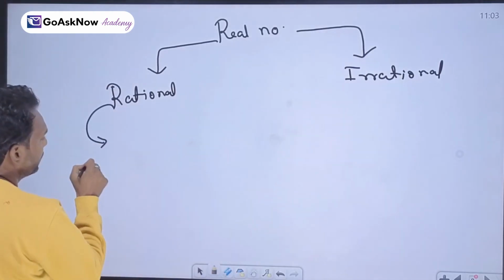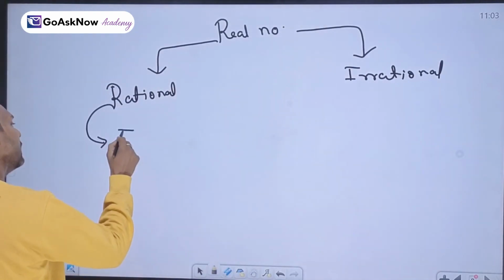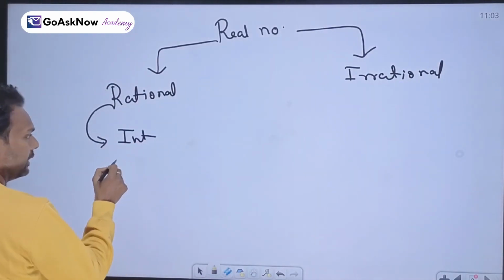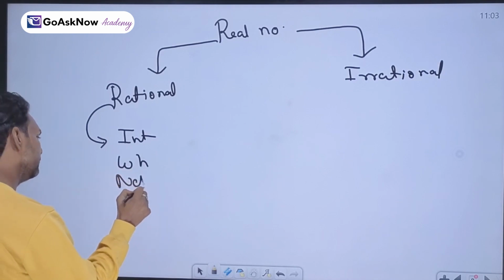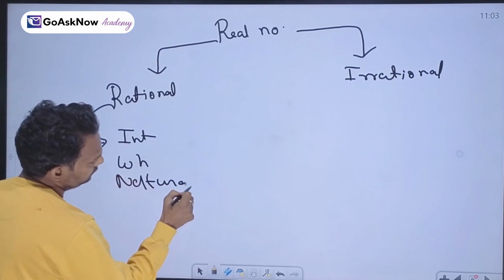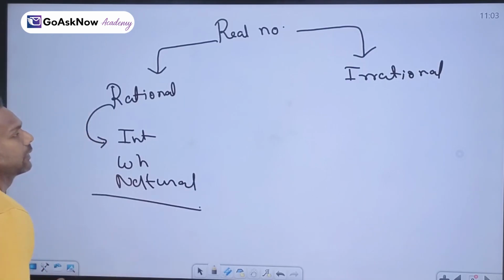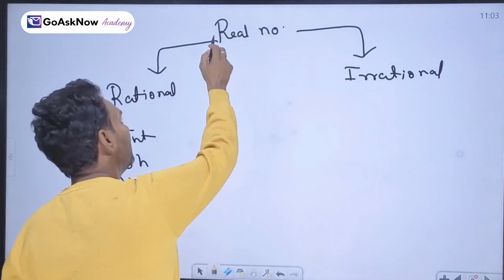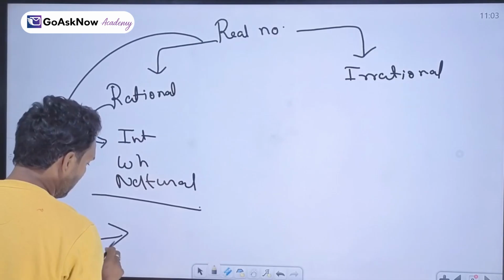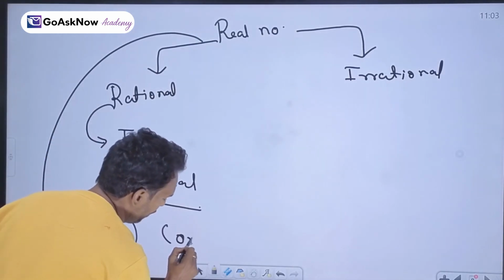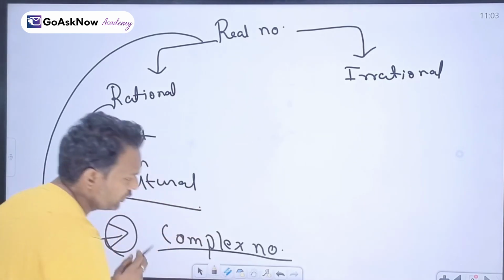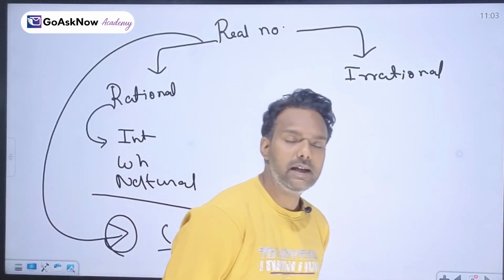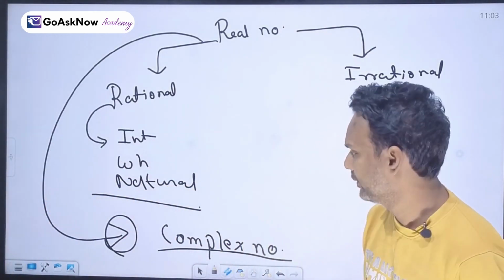Rational numbers include integers, whole numbers, natural numbers. Other than real numbers, there is another kind of number known as complex numbers, which you will be studying in the next standard, 11th class.